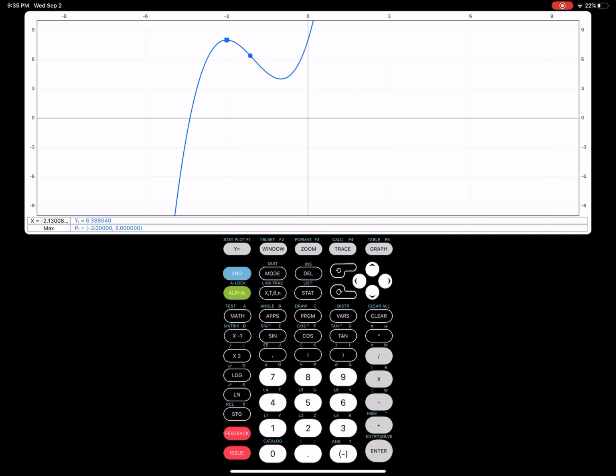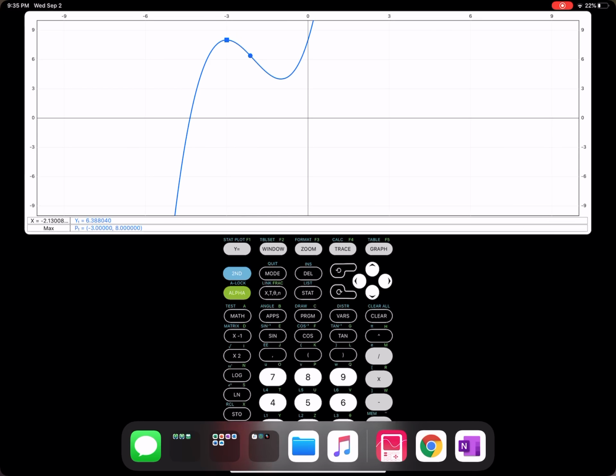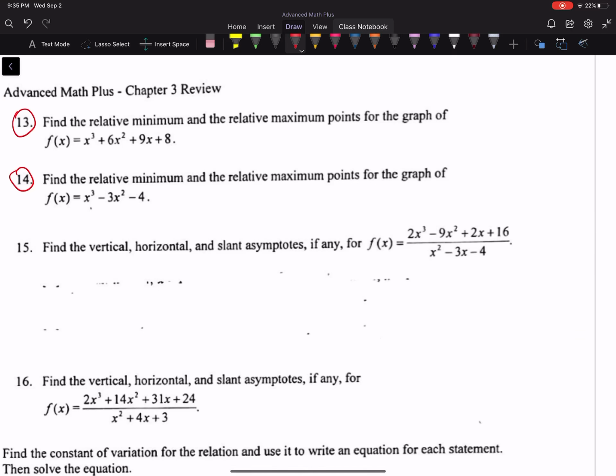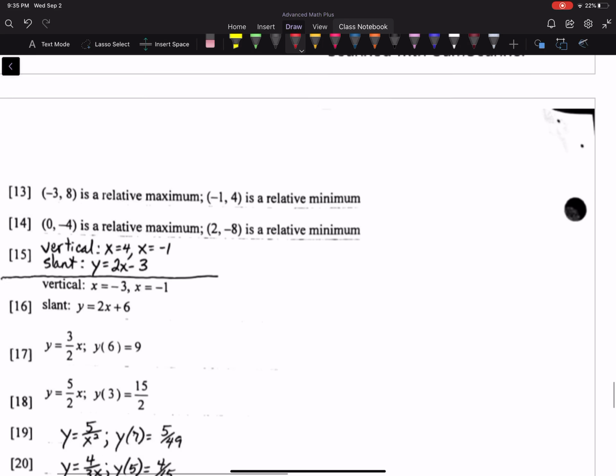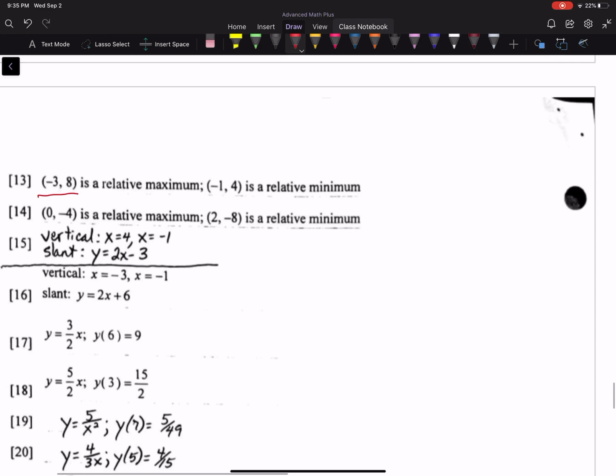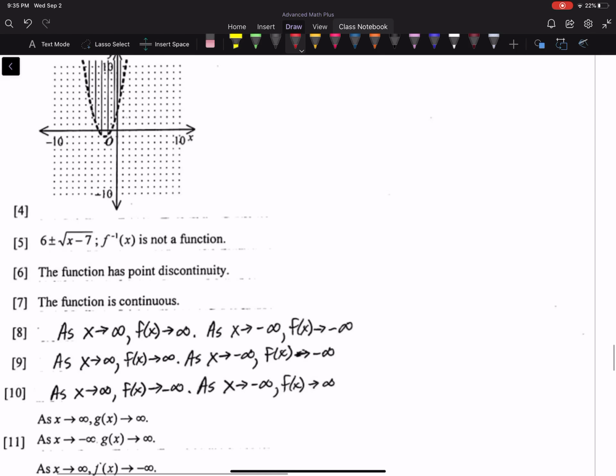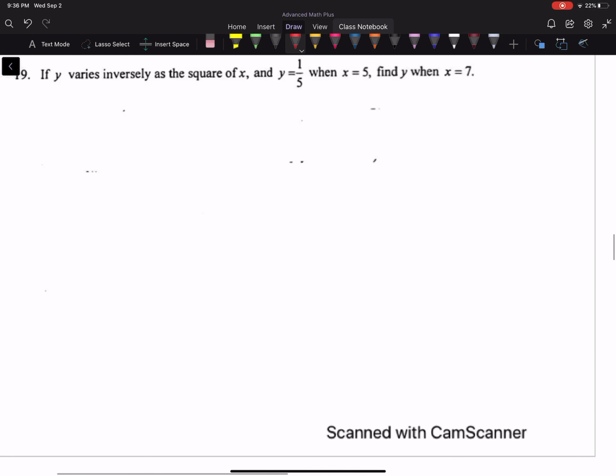Yes, -3, +8. That is my maximum. Let me see if that's right. I'm not sure if I'm trusting this. -3, +8. Oh, yes, it is right there. -3, +8, excuse me, was my relative maximum.